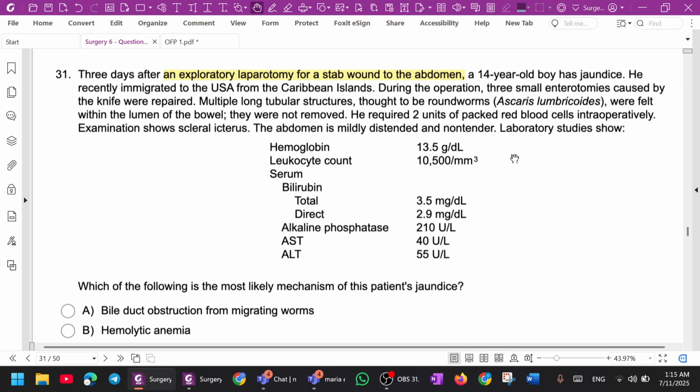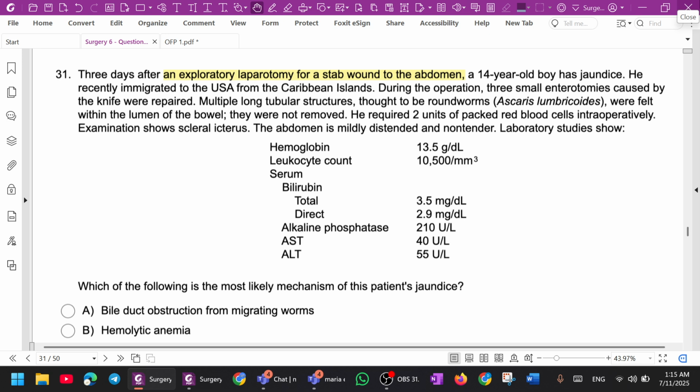Multiple long tubular structures thought to be roundworms were felt within the lumen of the bowel. They were not removed. He required 2 units of packed red cells intraoperatively.